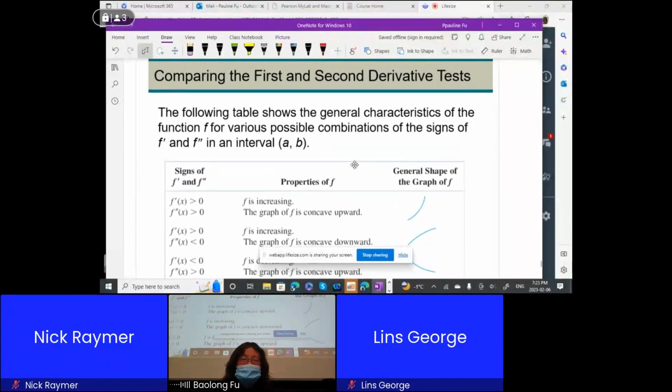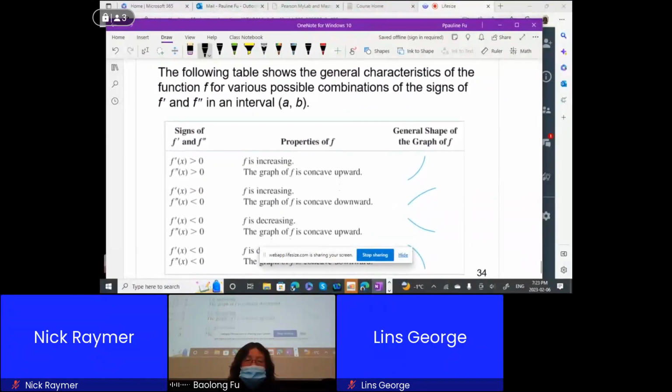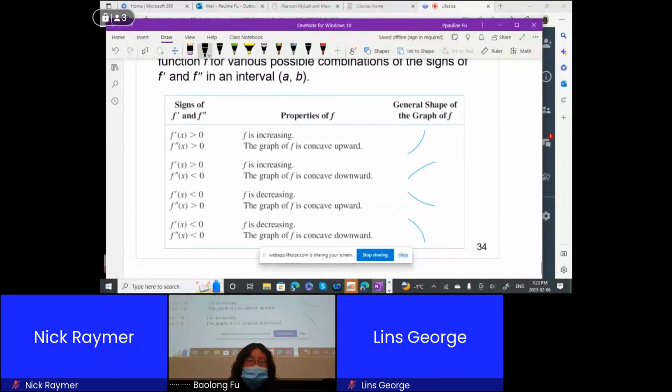This one is a summary table comparing the first and second derivative tests. If the first derivative is positive, it means f is increasing. If the second derivative is positive, it means it's concave up.